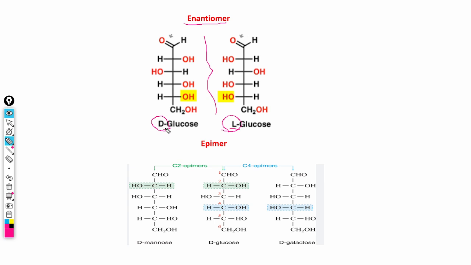Levo means any molecule which can rotate the plane of polarized light to the left side is called levorotatory. And they are mirror images. That means if a mirror is introduced between them, then this structure reflects in the mirror.